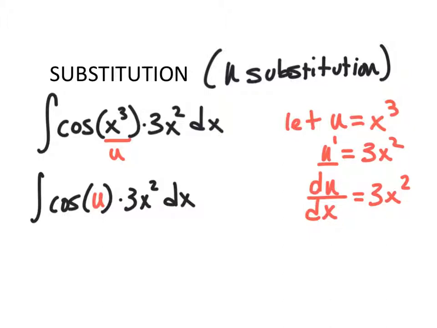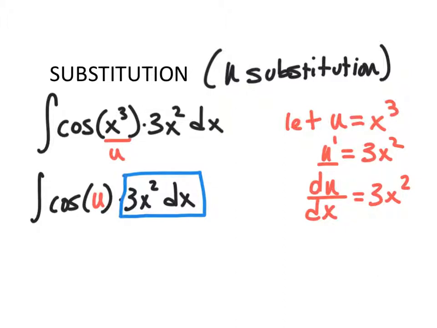Now, my goal right now is to substitute something in for 3x squared dx. Now, we have this dx down here. I have du divided by dx. And I can move this dx out of my denominator and move it to the other side.